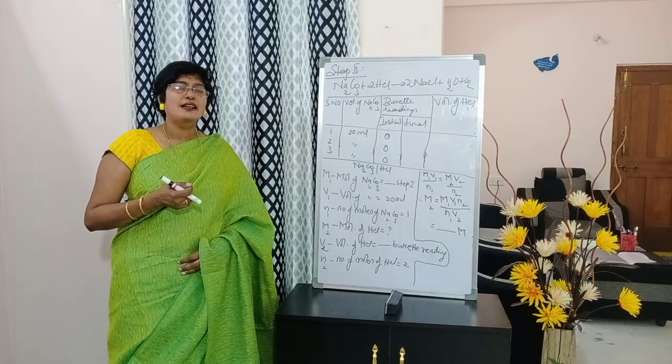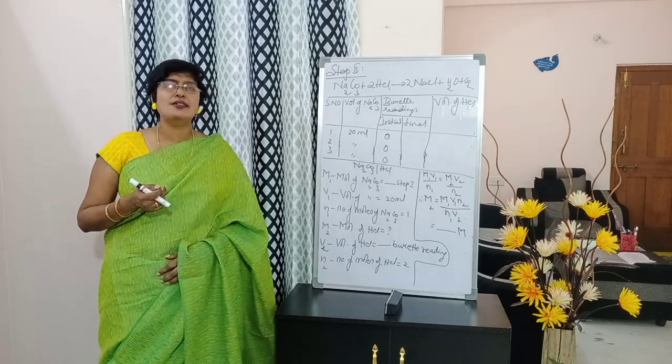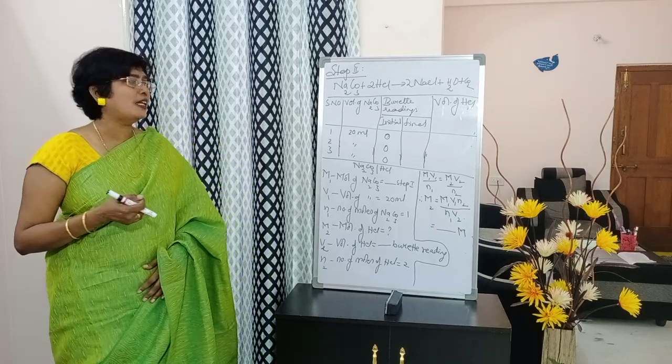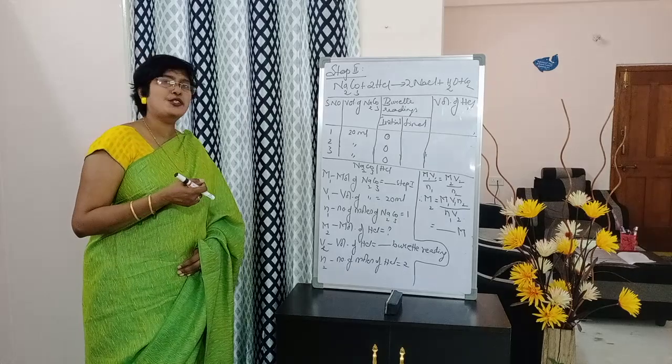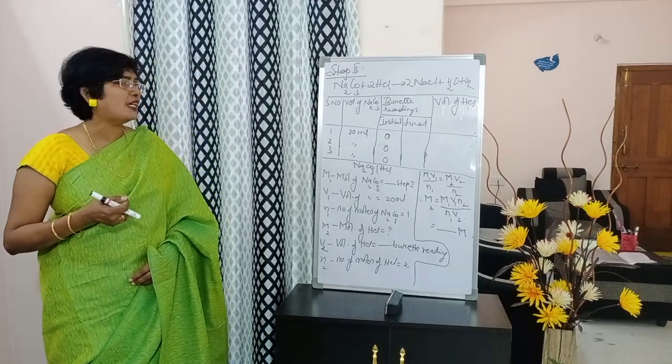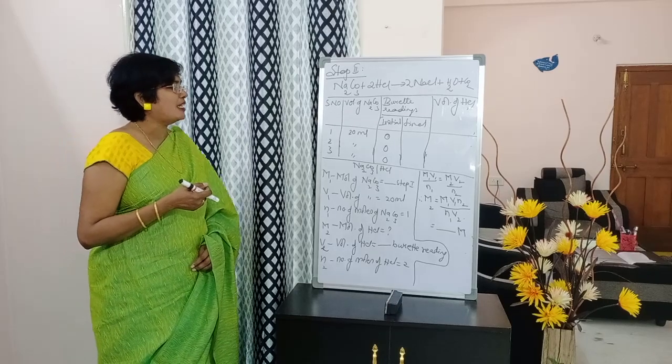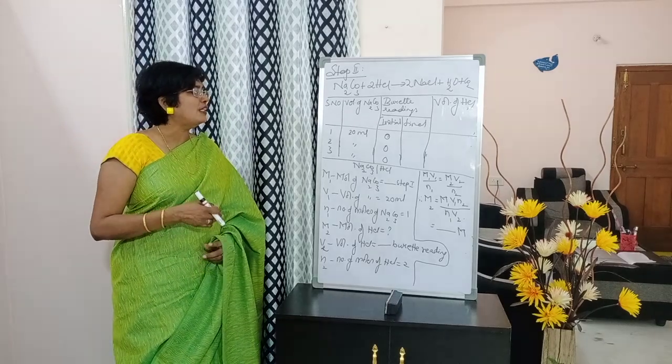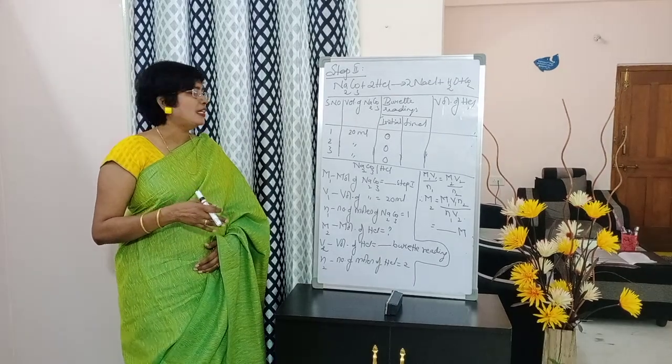Now, here comes the formula, students. M1V1 by N1 equals M2V2 by N2. What is to be calculated? M2 is to be calculated. So, cross multiplication: M1 V1 N2 divided by N1 into V2.